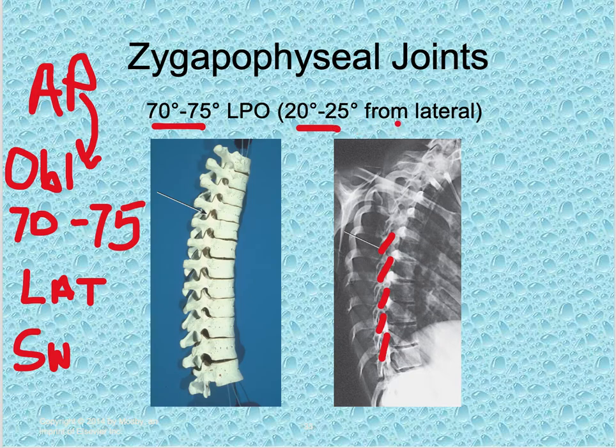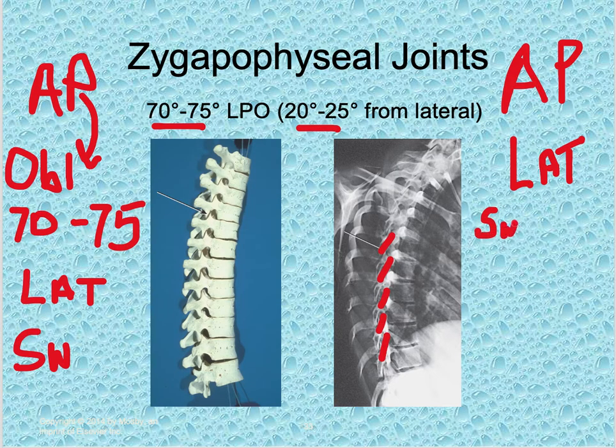So if I'm talking the 20 to 25, I'm doing an AP, I'm going to do a lateral, then I could do a swimmers if I wanted to, and then I'm going to do my oblique, okay? The lateral and the swimmers are also imaged lateral.